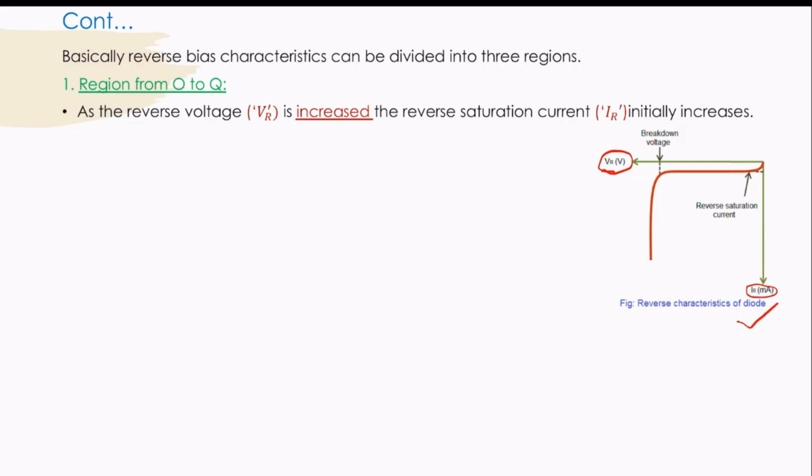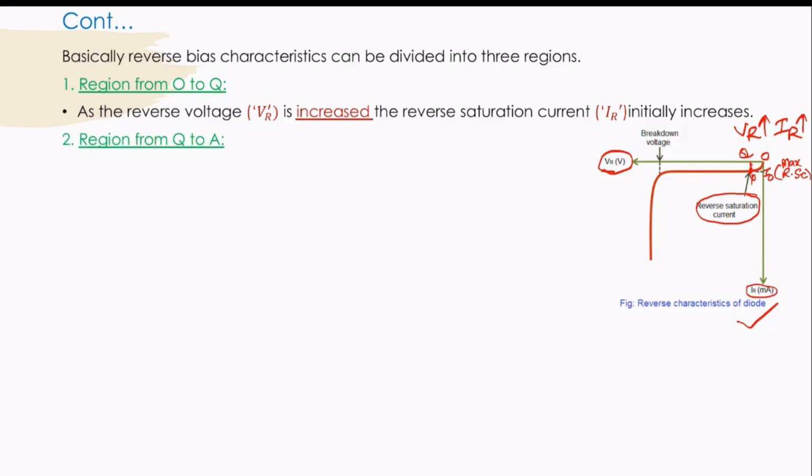This is the region from O to Q, and this is the point called the reverse saturation point, denoted as T. And this is I0, at which we get the maximum amount of reverse saturation current.